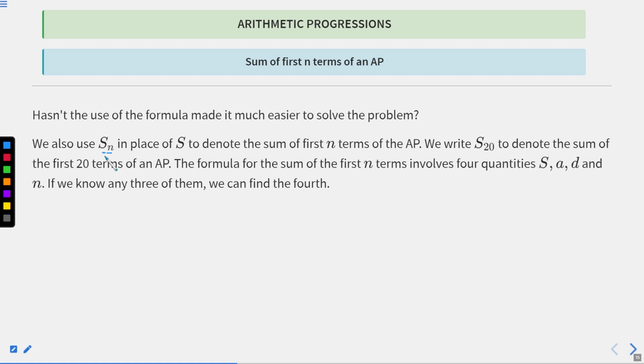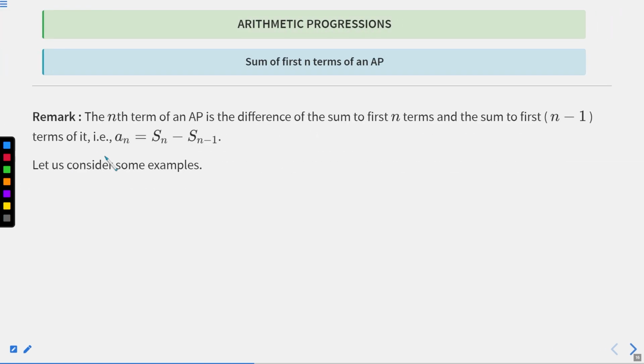So the formula for the sum of the first n terms of an AP is Sn equal to n by 2 times 2a plus n minus 1 times d. This formula involves 4 quantities, that are S, A, D, and N. If we know any 3 of them, then we can find the fourth.